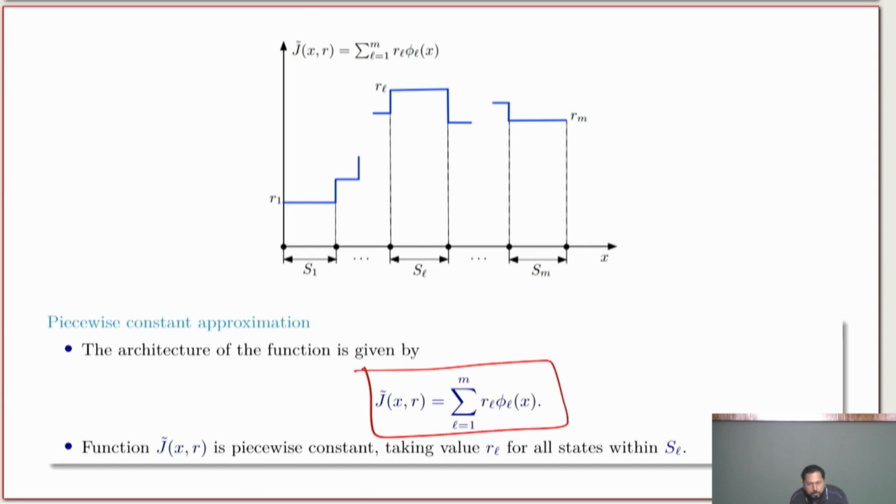So basically, out of all the features that you have, you are looking at which of the features are the most important. You are picking those, and maybe other features will be given very less weights and so on. And this phi L is like a stepwise function here.